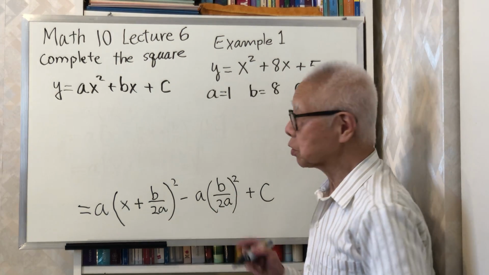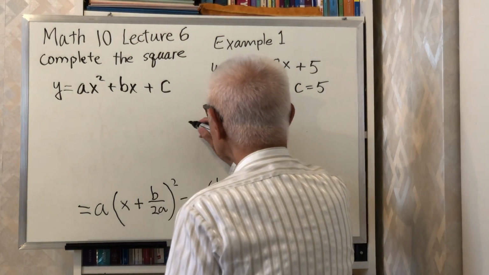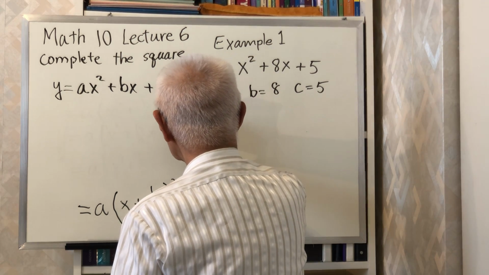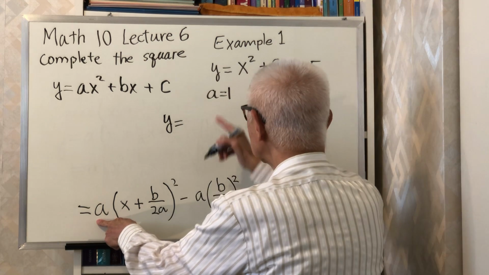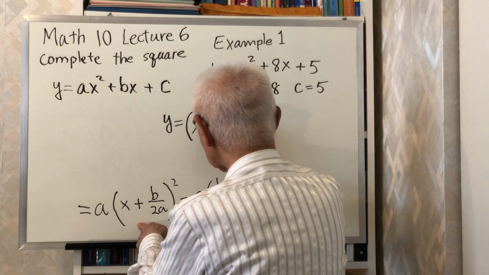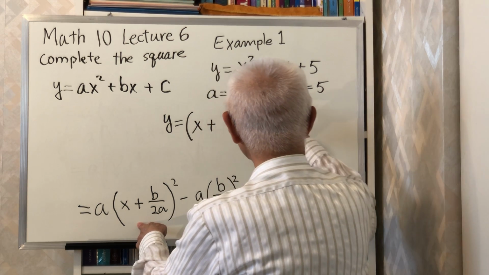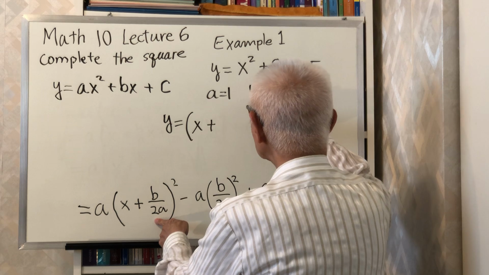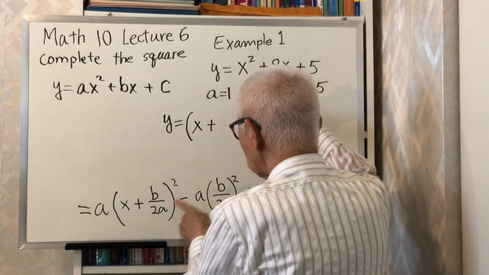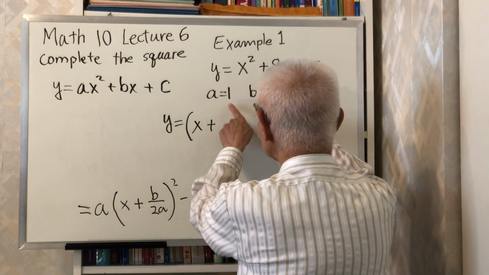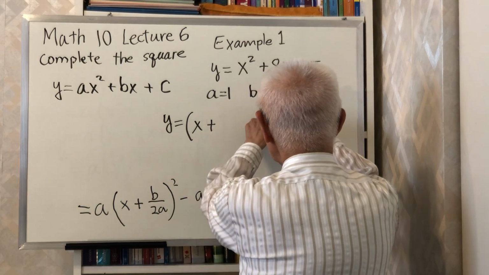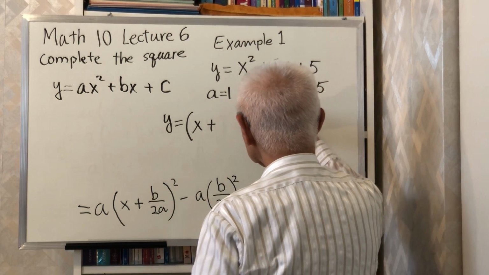So, y is equal to a, which is 1, times x plus b over 2a. 2 times a is 2, so b over 2a is 8 over 2, which is 4.